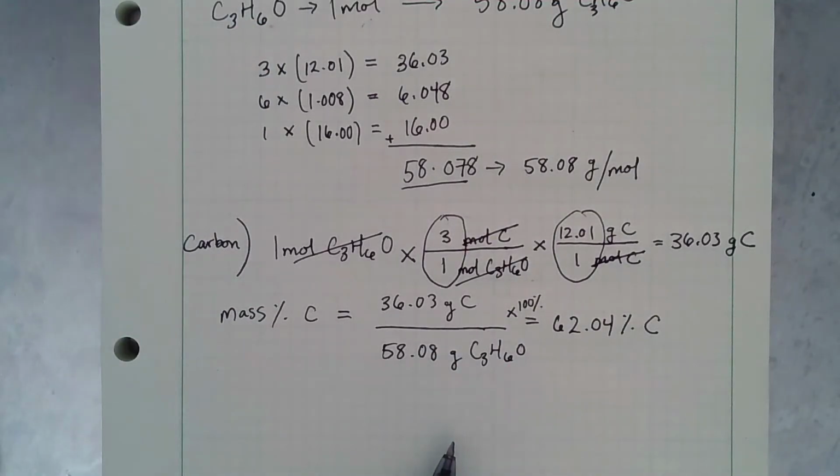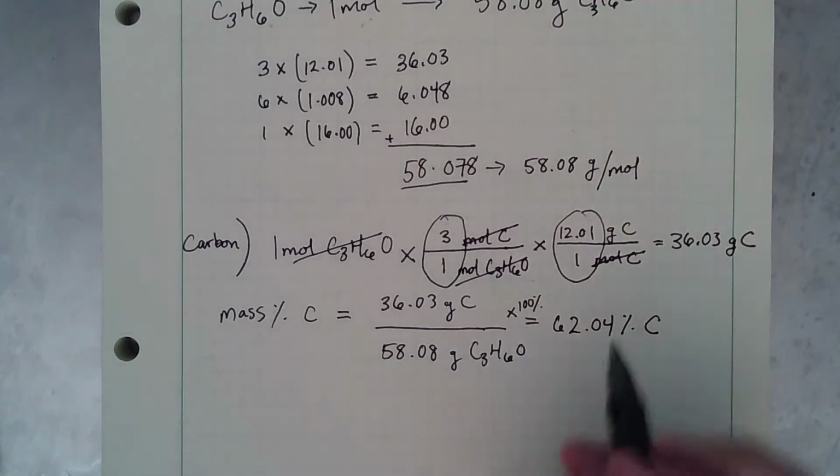All right, and then you'll just replace whatever number you get for that here, and you can get your third percentage. I'm not going to go through all of that because this next problem is going to take me some time, so I don't want to make like a 35-minute video again if I can avoid it. So I'm going to let you guys practice that second part, the hydrogen and oxygen, on your own. Go ahead and do that.